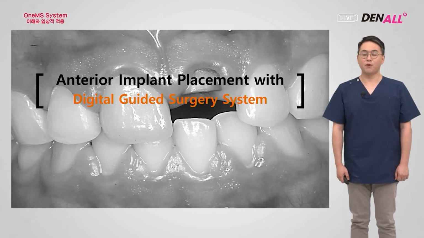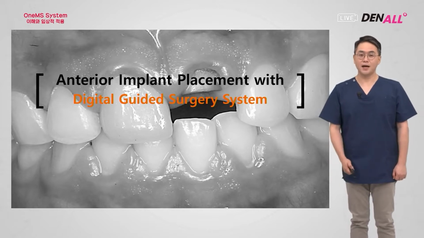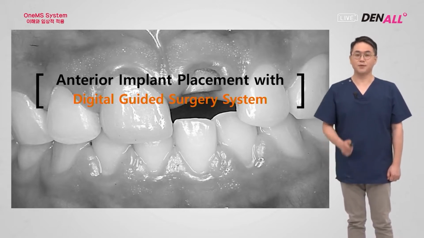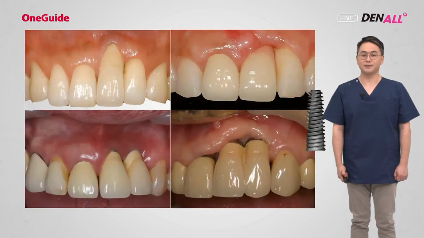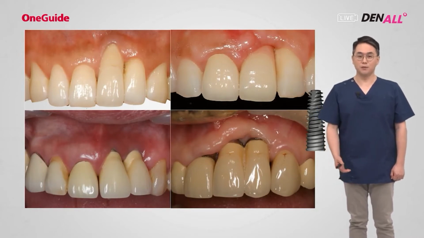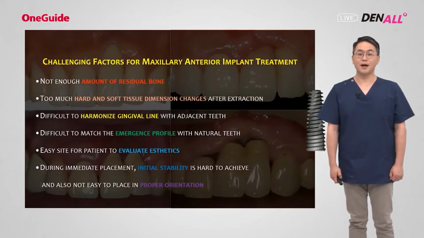First, be it OneGuide or digital guided surgery, I think the easiest case to use is for anterior implant placement. So first, why do you need to use a guided surgery system for the anterior part? As you know, on the upper anterior part, if you position the implant in the wrong position or the angle is wrong, then it could lead to disastrous results.